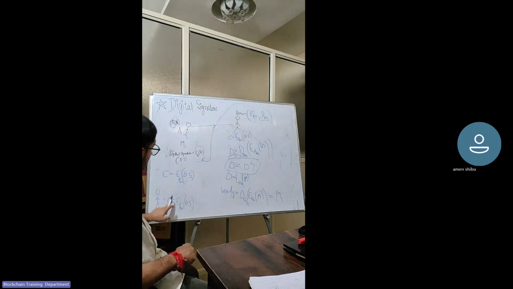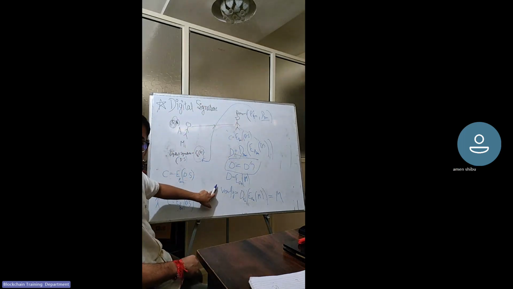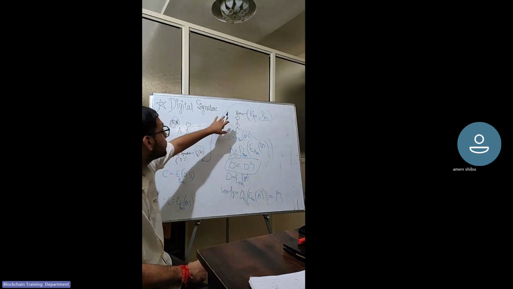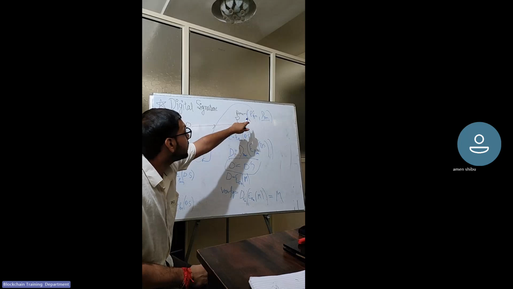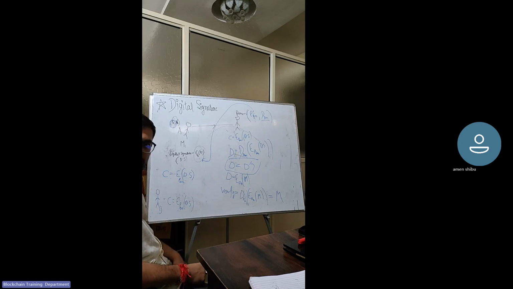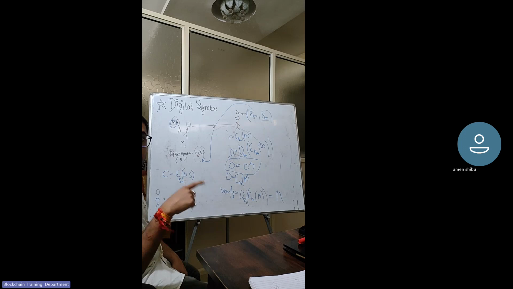Before, he could do this verification because it was not encrypted, it was only the digital signature. But now it is confidential, because we are attaching your public and private key to this encryption. So person B cannot decrypt it and cannot verify it, because before verification he needs to decrypt it, and for that decryption he needs your private key. But you will not give him your private key because it is private to you.